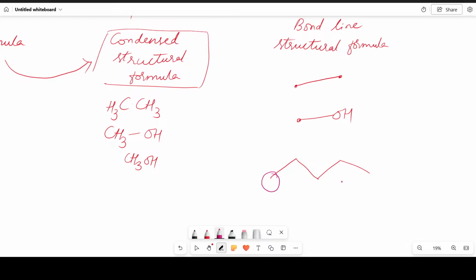These terminal ends are nothing but CH3. These terminal ends are always CH3, and each corner is CH2.